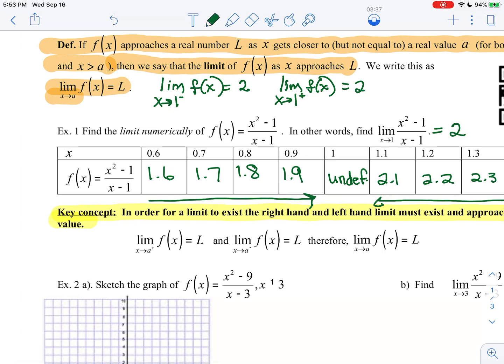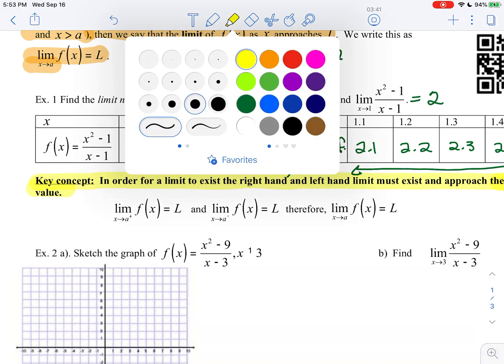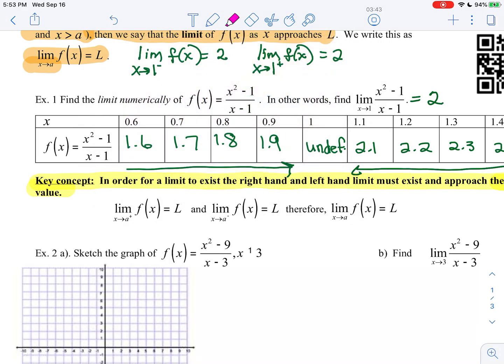So you're always going to have to find the limit as x approaches a from the right of f of x, if it equals some number L, and then the limit as x approaches a from the left-hand side of f of x is this same number, then we conclude that the limit exists. So this is the method to do it numerically.